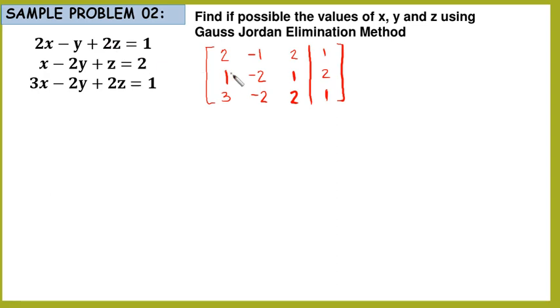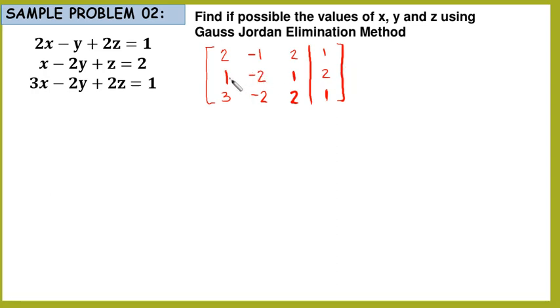So, when we look at our coefficients here, to make the first element in the first row and first column into 1, we can interchange our row 1 and row 2. Since, as we said, in Gauss-Jordan we can interchange rows.